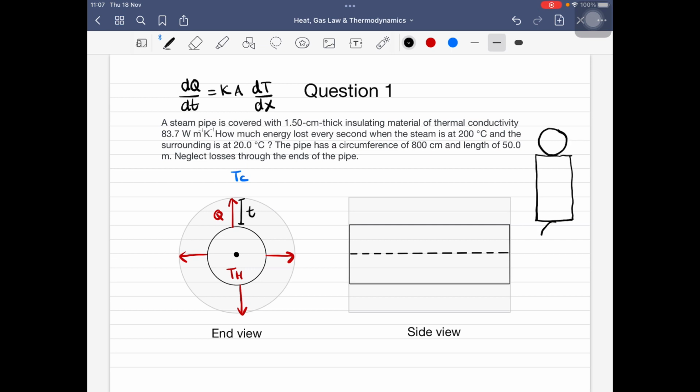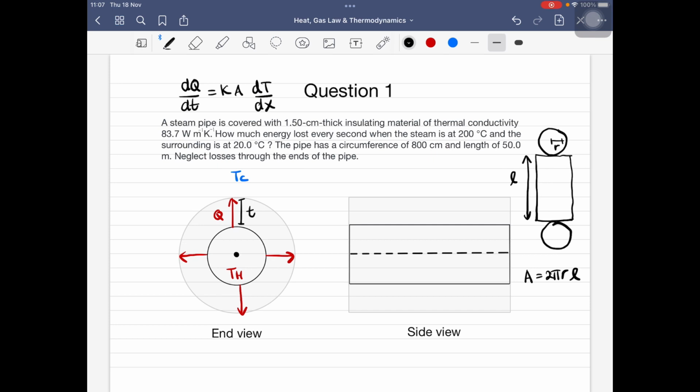That is your cylinder, that is the length of the cylinder, and that is the radius of the circle of the cylinder. To find the cross-sectional area, it will be 2 pi r times L. That is how you find the cross-sectional area for a cylinder.